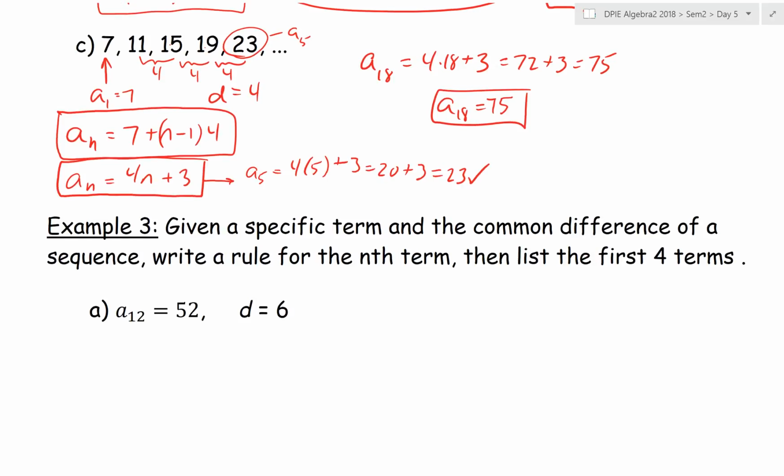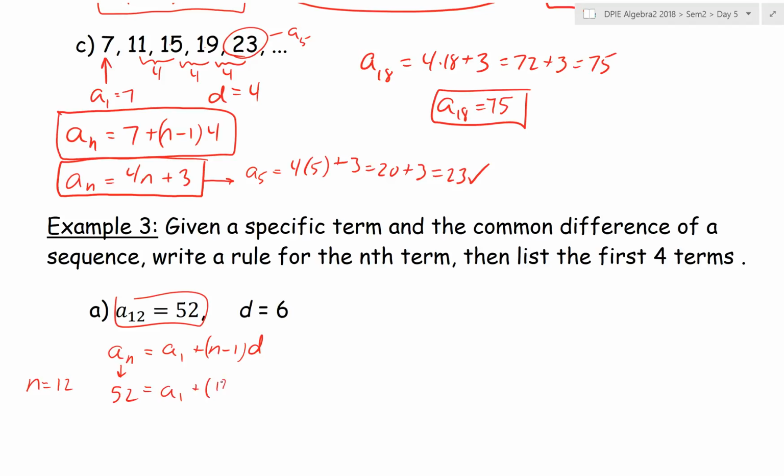Okay, so we do know that in any arithmetic sequence, the nth term is the first term plus n minus 1 times the common difference. So let's fill in what we know. We know that a12, so when n equals 12, a sub n is 52, because that's what was given up here. And we don't know a1.